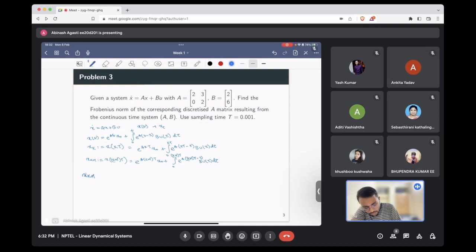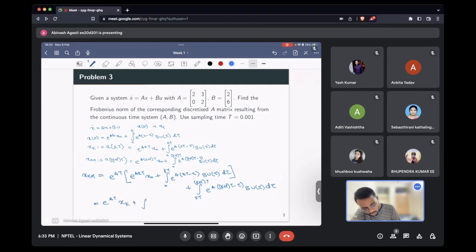So if you see, x(k+1) is equal to e to the power AT times xk plus an integral term, e to the power A((k+1)T minus tau).